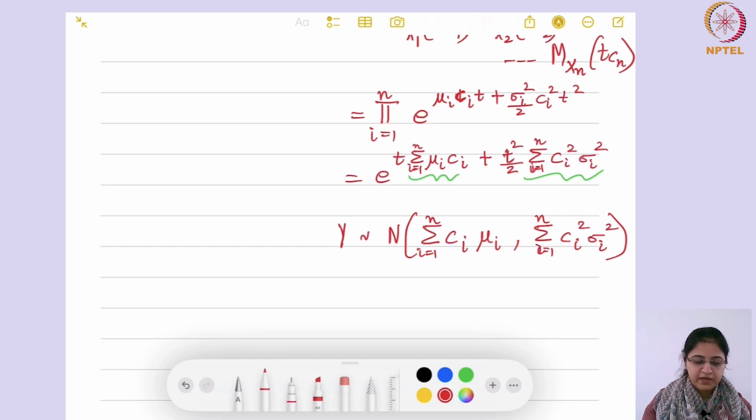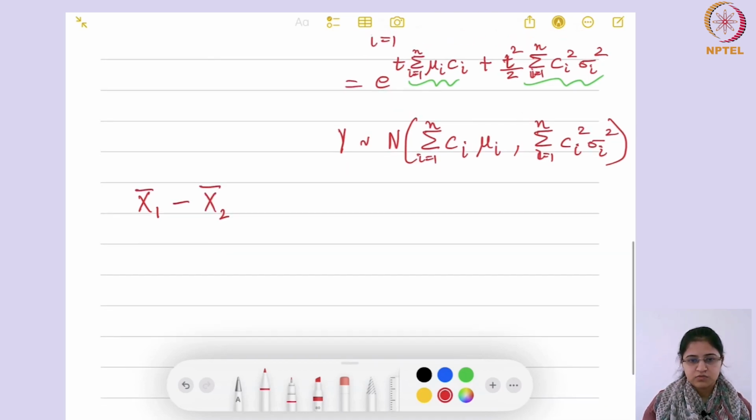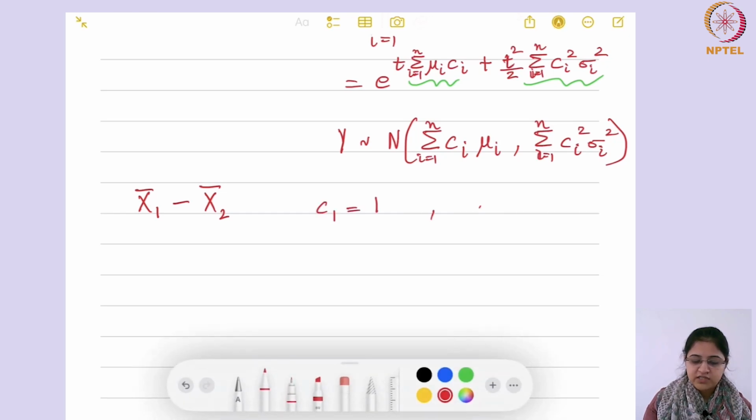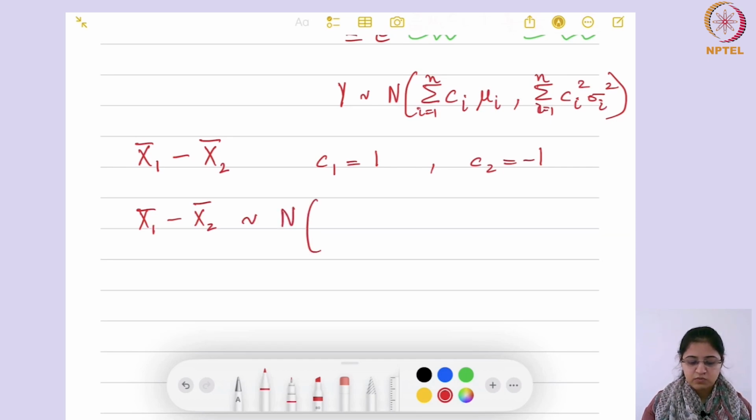Now, if you apply the same thing, what you are given in this theorem is x1 bar minus x2 bar. So here you only have two terms which are normally distributed, and if you consider their linear combination, here basically c1 is 1 and c2 is minus 1, which means that this x1 bar minus x2 bar is going to follow normal with mean summation ci mu i.